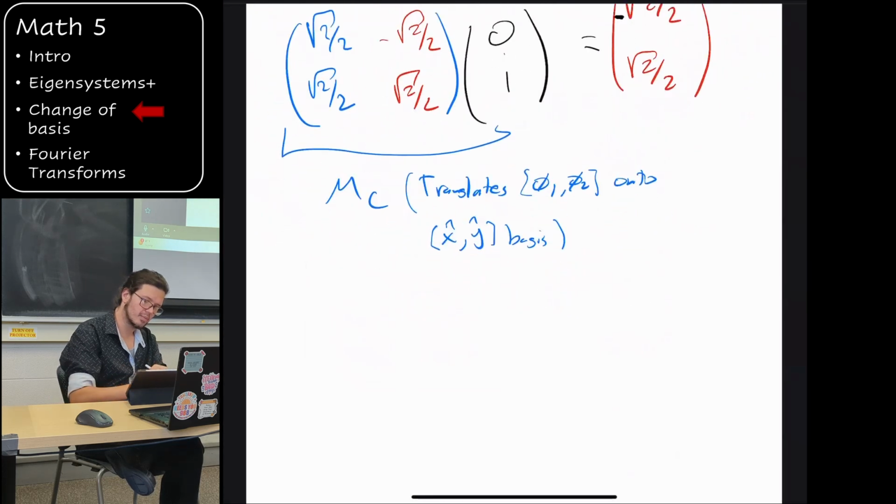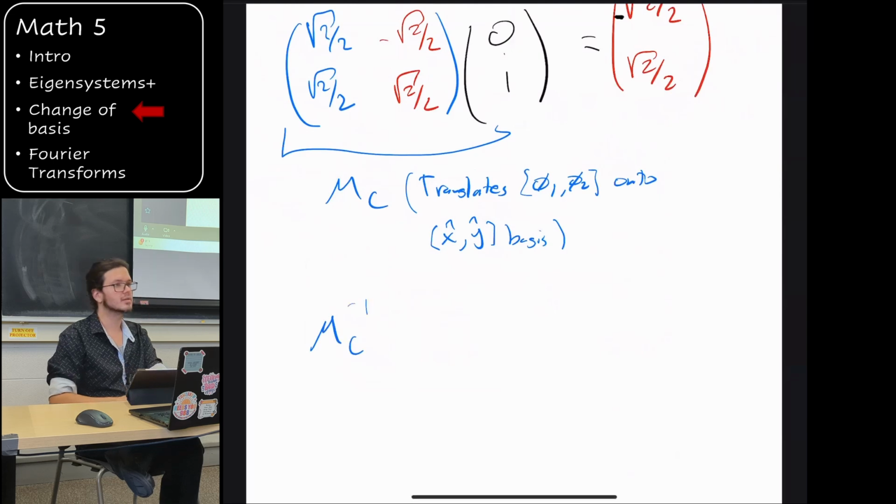You need to find the complementary one, MC to the minus 1, which does the opposite. It grabs vectors that are written in the x, y system, and translates them to vectors that are written in the phi 1, phi 2 system.